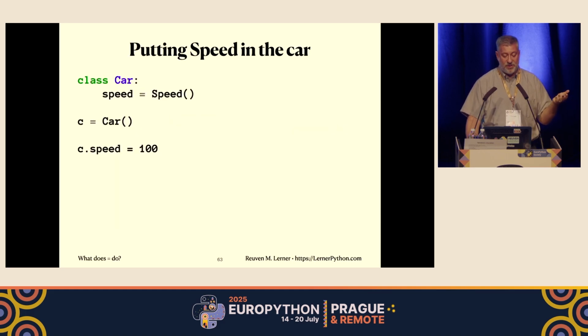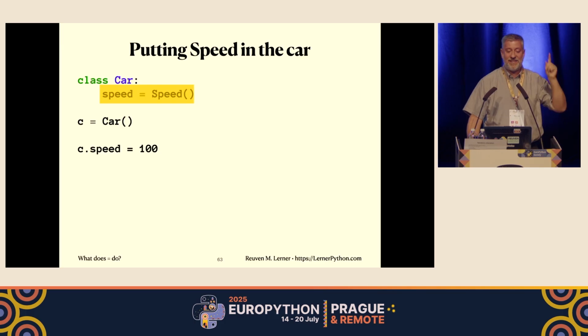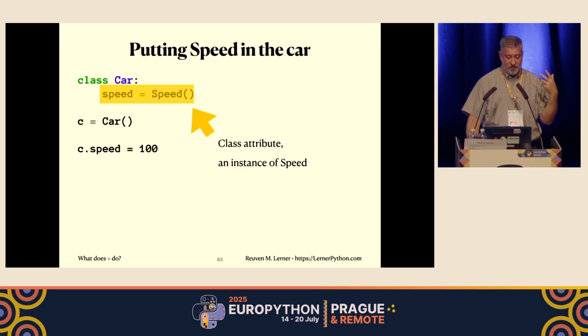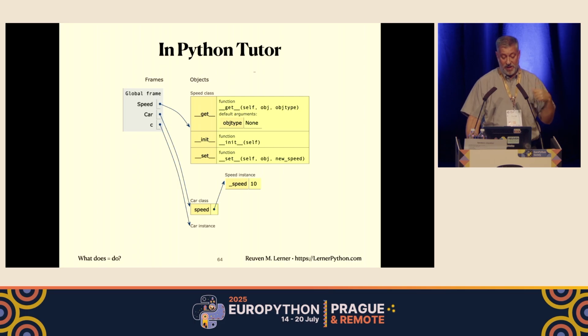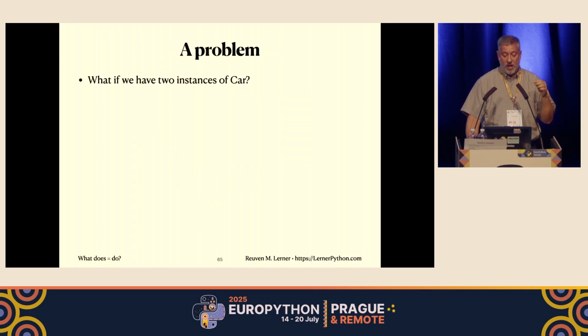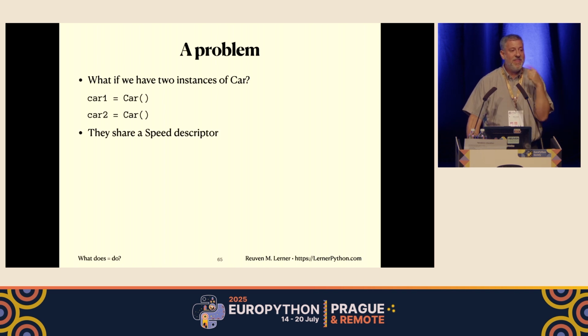And so now what I do is I say, here's my class car. Speed, again, class attribute. Class attribute speed equals an instance of speed, right? So then we have this here. And it actually works until we have more than one car. Because if I say car1 equals instance of car and car2 equals instance of car, they share that speed descriptor because it's in the class.